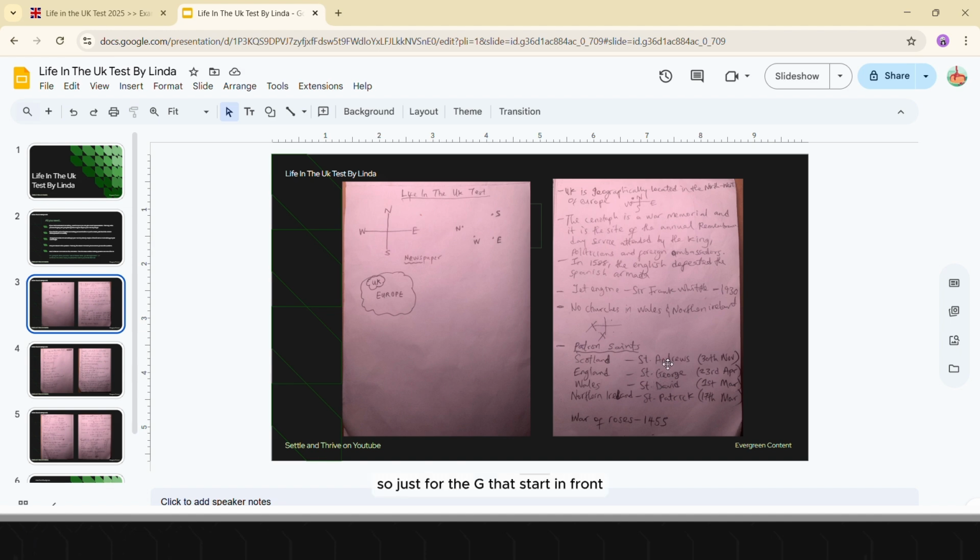So the G is in front, and by my side is Wales. I have a brother whose name starts with D, so just D for David. And the one up is Andrew. Let's just assume A is the first letter in the alphabet, so it's just up. So S up, Scotland, Andrew, and then by this side we have Patrick.